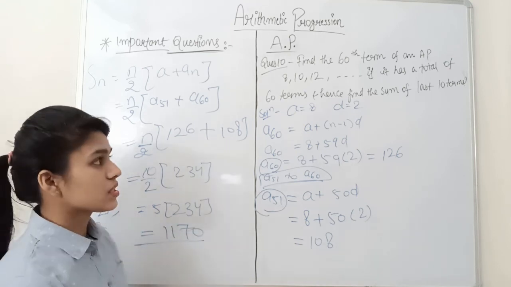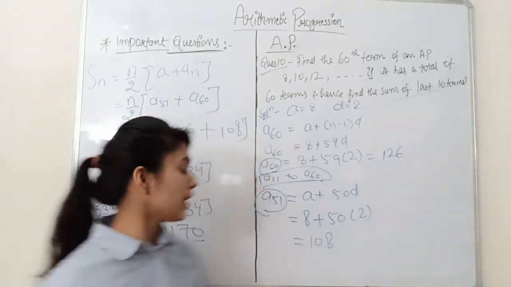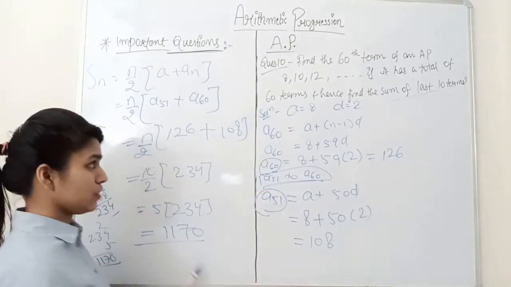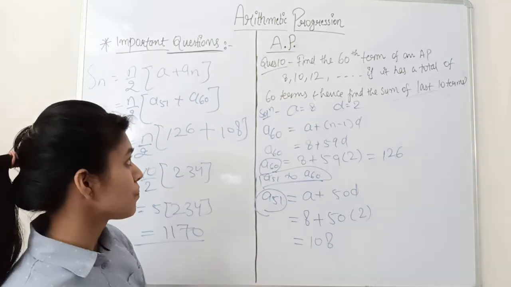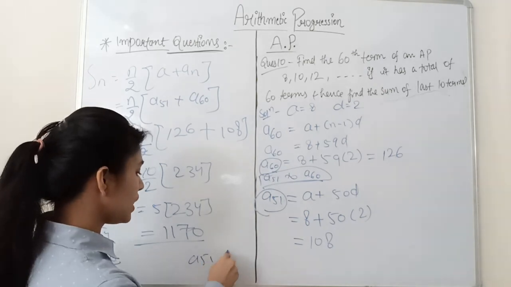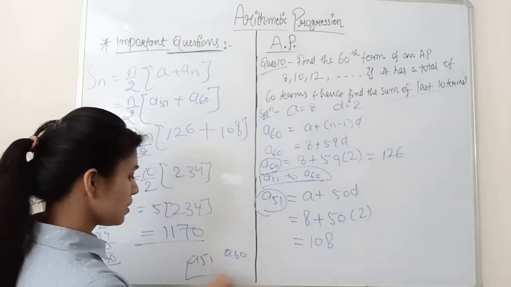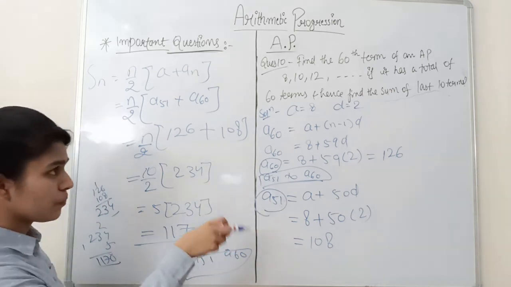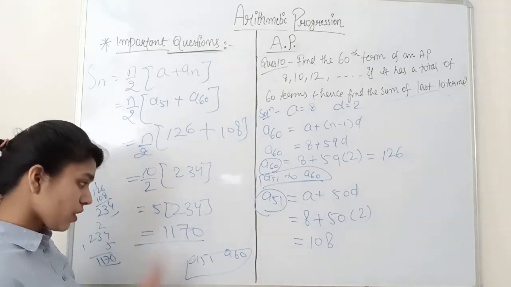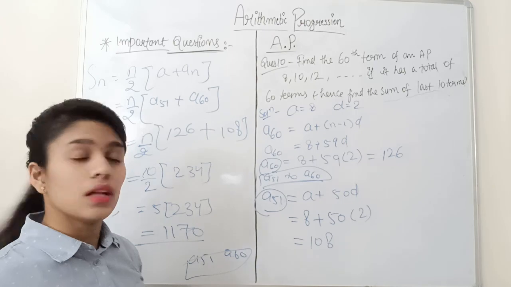So the sum of the last 10 terms will be 1170, because there are 60 terms and A51 to A60 are 10 terms. So the sum of these will be 1170. Okay. Thank you, students.